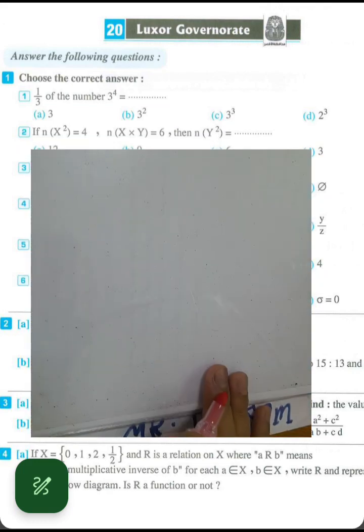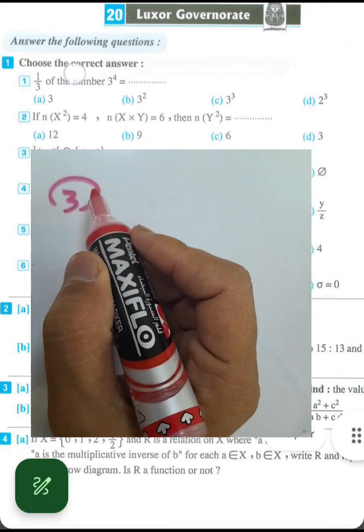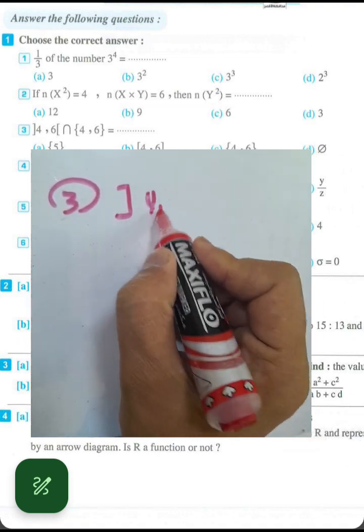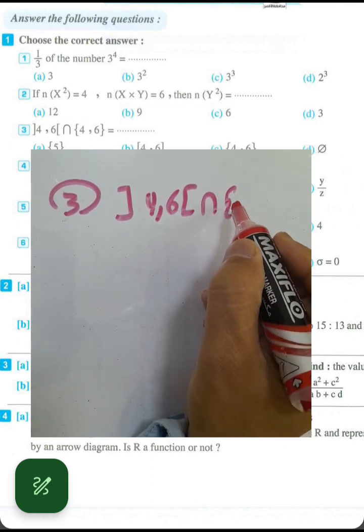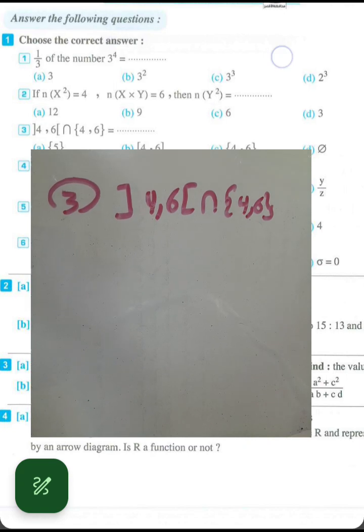Next example, number 3. We have the open interval 4 and 6, intersection with 4 and 6.